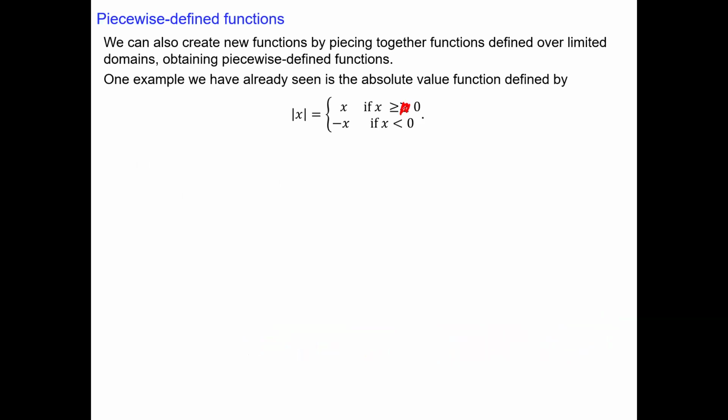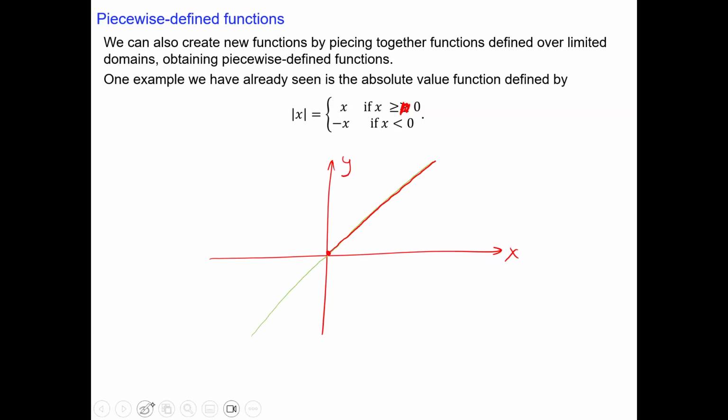Let's draw, yes, absolute value of x. Everybody knows how absolute value of x looks. We can draw function x, but we can only take the positive, only if x is positive. That means starting from 0, including 0, we can only take this.